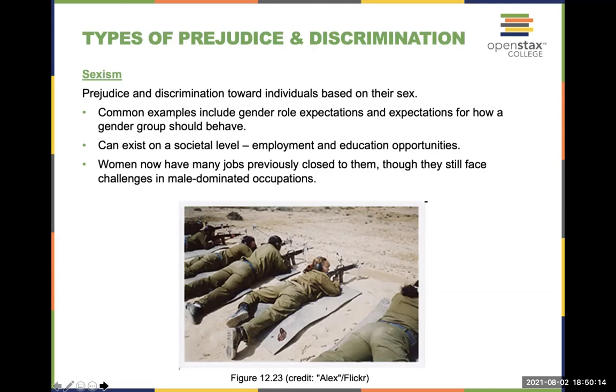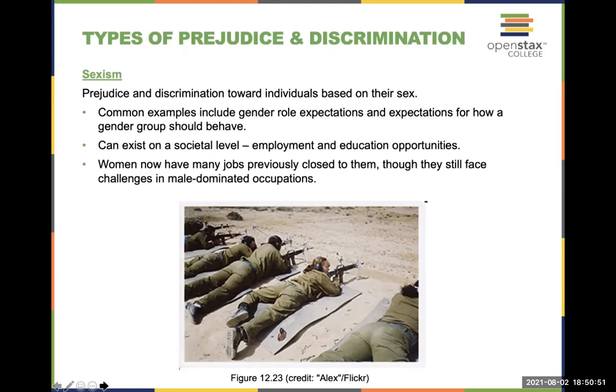But sexism is prejudice and discrimination against a person based either on their biological sex or their gender, right? And some common examples would include, what is the expectation for a particular gender role, right? How is that person supposed to act? If they are male gender and they're not acting like that, it could be a form of discrimination.